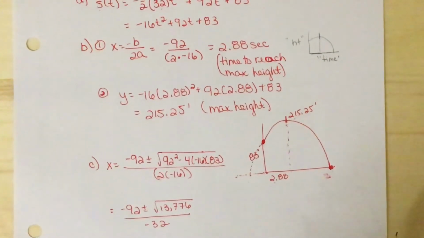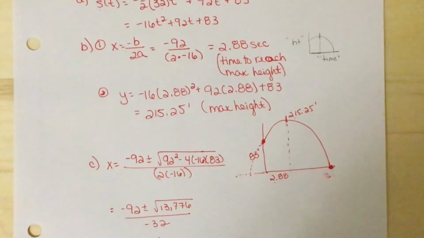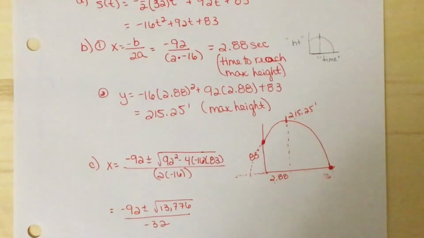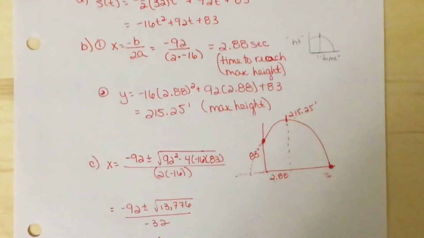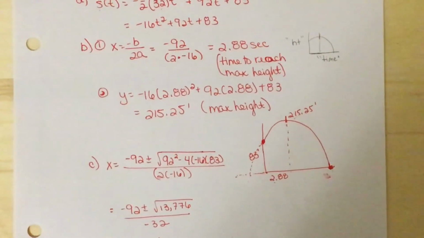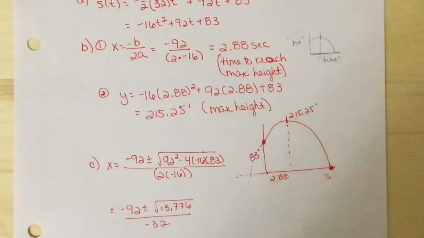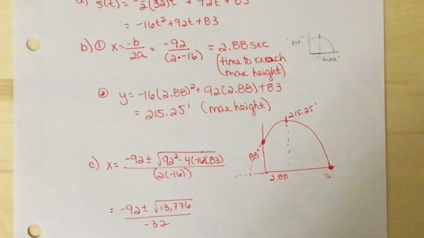So I substitute in negative 32 for g, and my time is the time it took to hit the ground, 6.54 that I just found, plus 92, which is the initial velocity. You type that into your calculator, and you should get negative 117.28 feet per second.